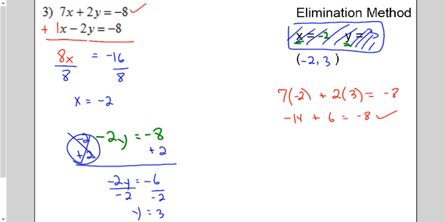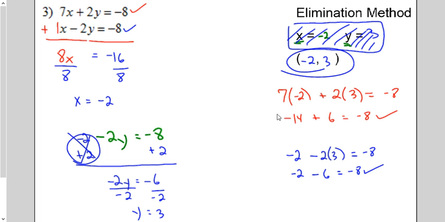So it made that equation true. If it makes both of the equations true, though, so I'm plugging into the second equation here. Hey, negative 2 minus 6 really is negative 8 and made this equation true also, then this is my solution and I know I've got it correct.